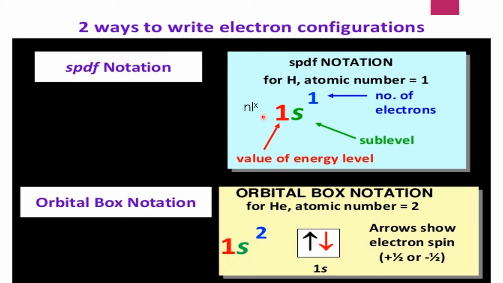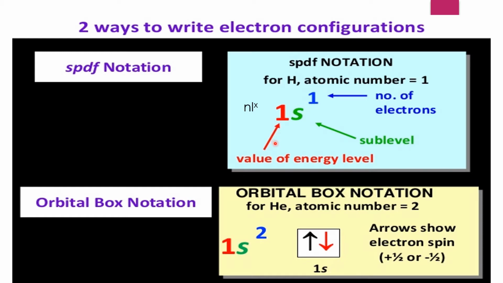Here, for example, 1s1 is given, which means that the energy level is 1, which means it is first orbit. So here n is equal to 1 and azimuthal quantum number l is s. So it is the sublevel s orbital. Then the number of electrons present in it is 1.